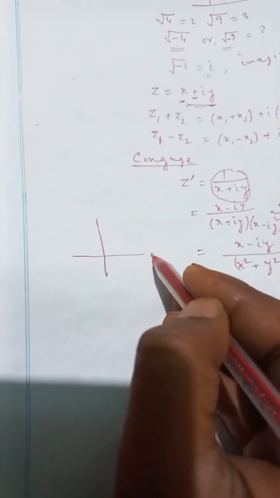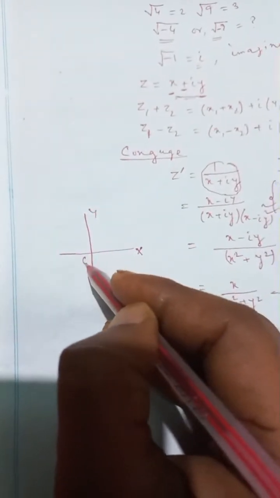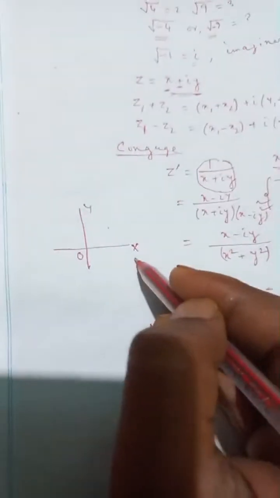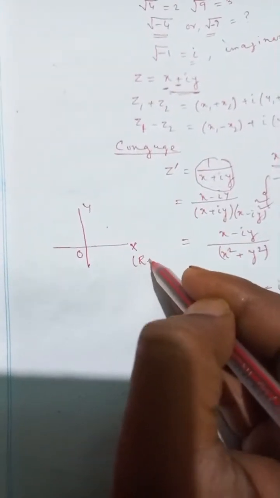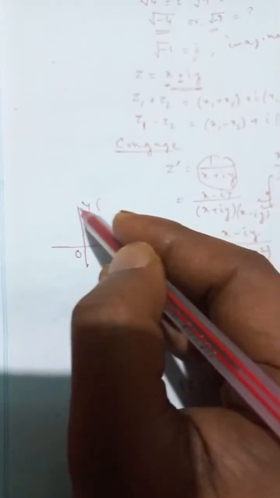This is the x axis, this is the y axis, this is the origin O. This is the real line and this is the complex axis.